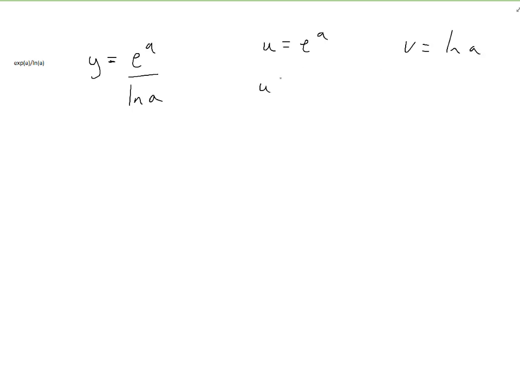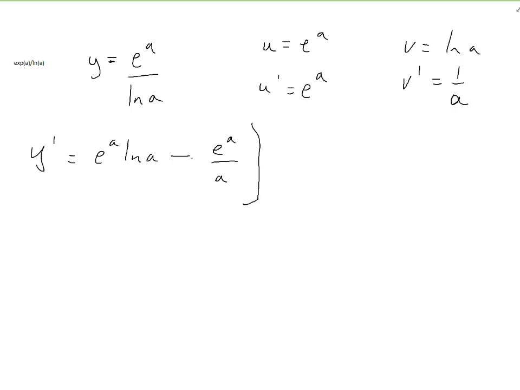So looking at the derivatives, you've got e to the power a and 1 over a. Then constructing this, we have this differentiated times this left the same, e to the a log a, minus, because it's the quotient rule, this left the same times this differentiated, so e to the a over a, and because it's the quotient rule, you have to also divide by log a squared.